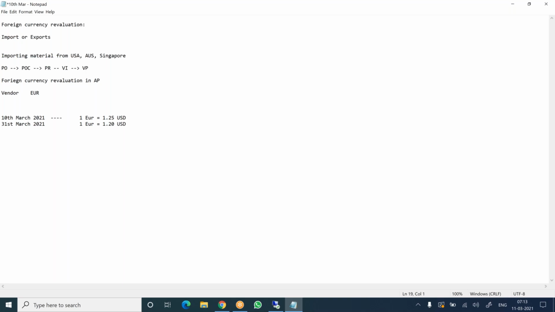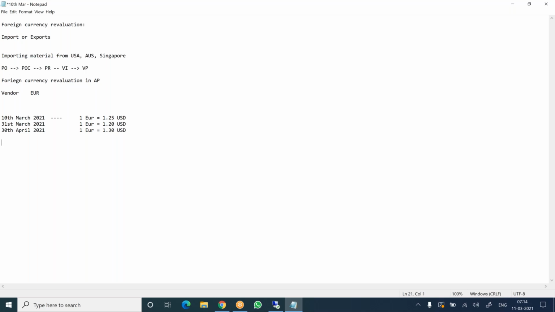On 30th April 2021, 1 euro equal to 1.30. Then what happens? How much amount do I need to pay?